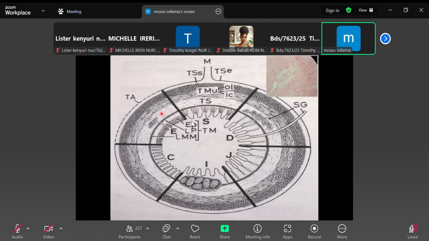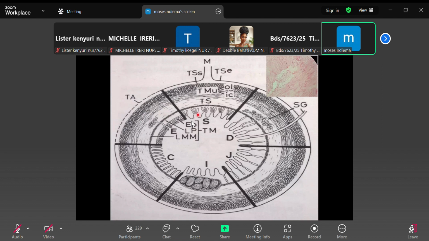Now, at the gastroesophageal junction, sometimes called the esophagogastric junction, there is an abrupt change of epithelium from stratified squamous non-keratinized epithelium to simple columnar epithelium.